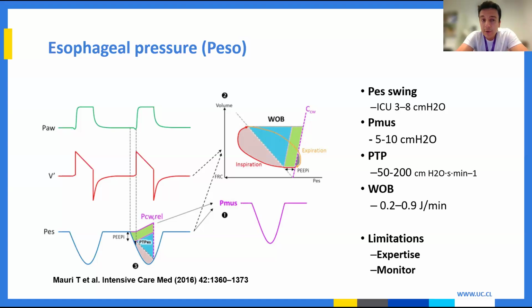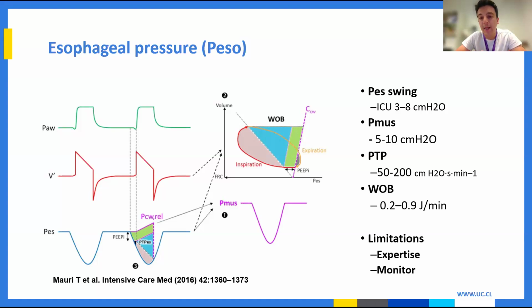With the esophageal pressure, we can also calculate the muscular pressure, which is the pressure that the inspiratory muscles are producing to breathe. This can be computed by the difference between the chest wall elastic recoil minus the esophageal pressure, and some values between 5 and 10 can be an adequate effort.